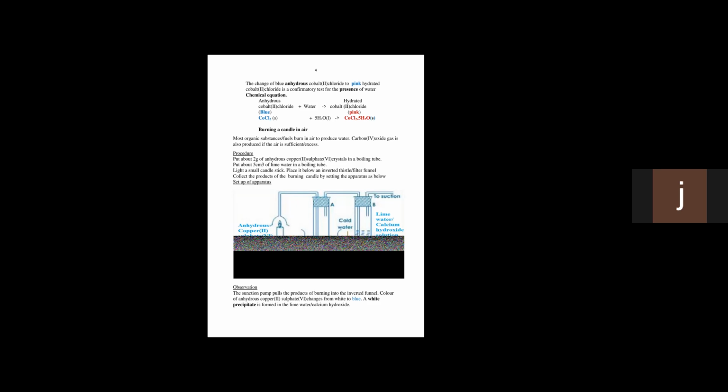So you can determine the boiling point of the liquid, and if it boils at 100 degrees Celsius, then the colorless liquid is water. By carrying out the three tests, you can identify the colorless liquid.